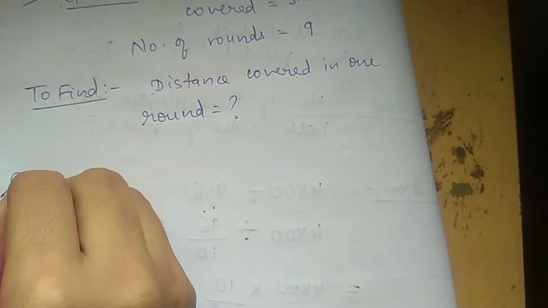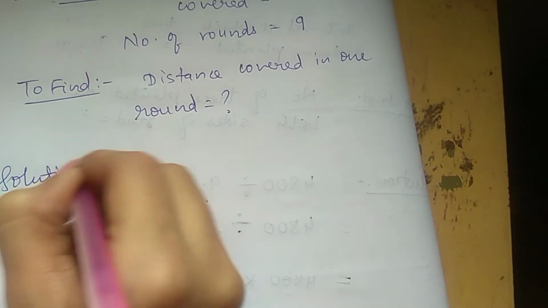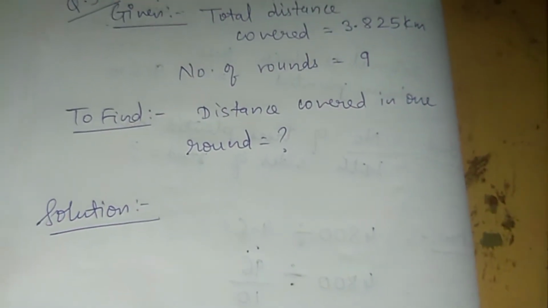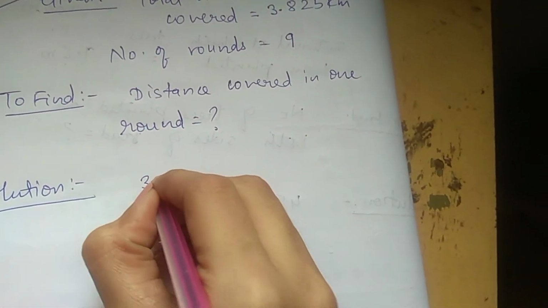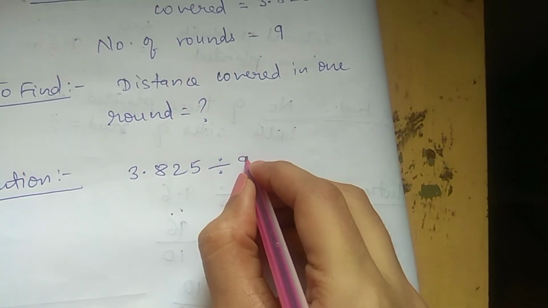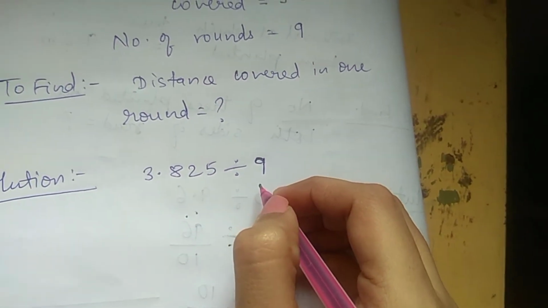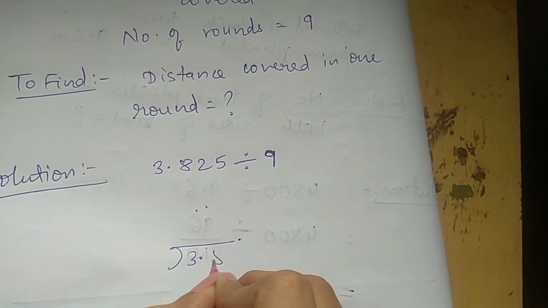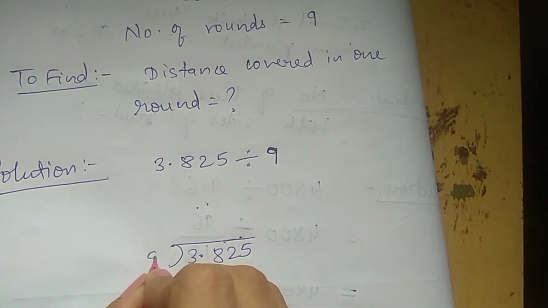Now for the solution, yes, we have to carry out division. So 3.825 divided by 9. Now the divisor is not a decimal, so we will carry out normal decimal division.